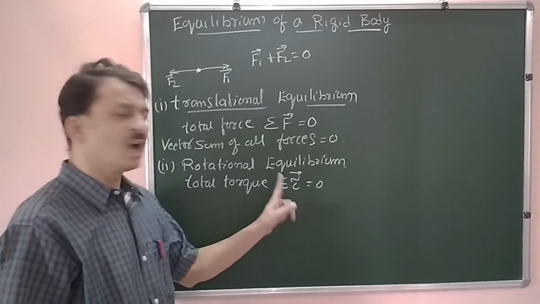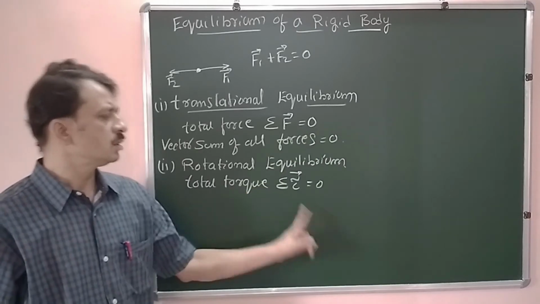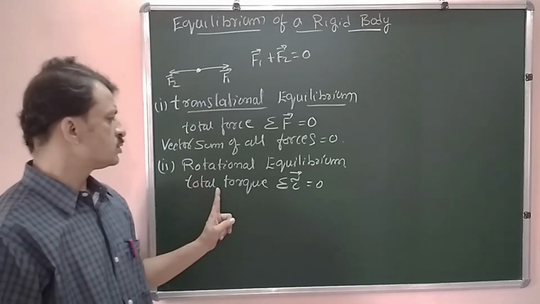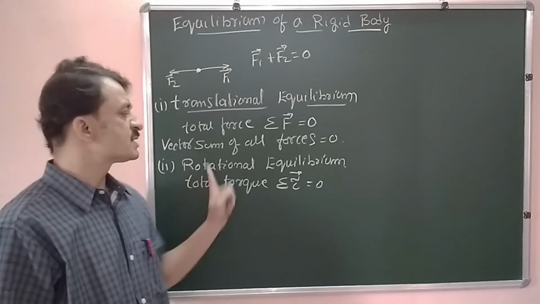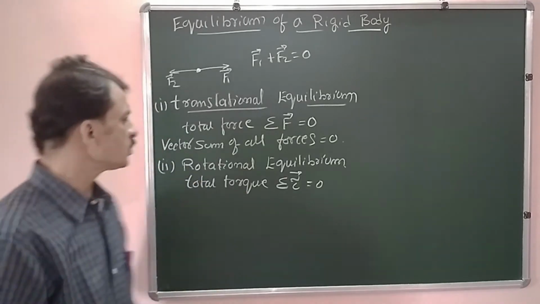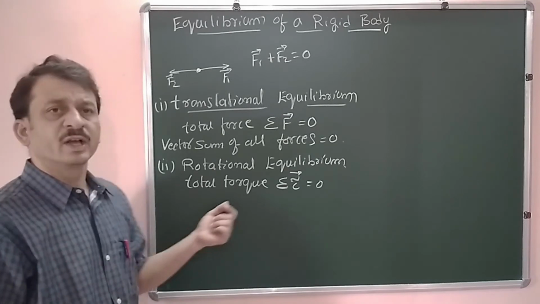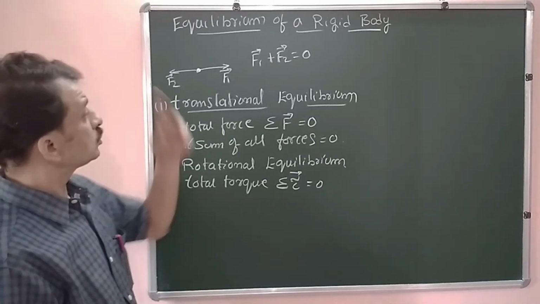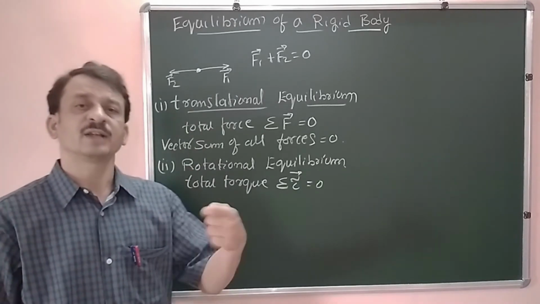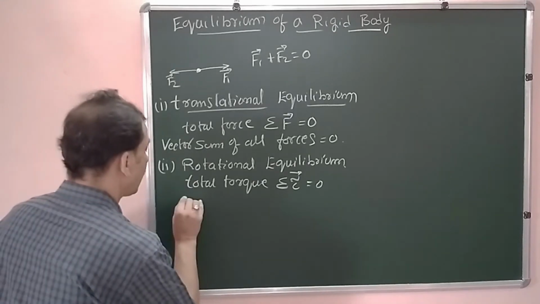The torque is also an external torque, remember. If the vector sum of all torques is equal to 0, then that rigid body is said to be in rotational equilibrium. So therefore, if a rigid body is in both translational equilibrium as well as rotational equilibrium, then that rigid body is said to be in mechanical equilibrium.